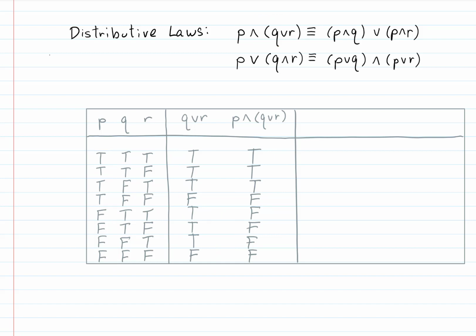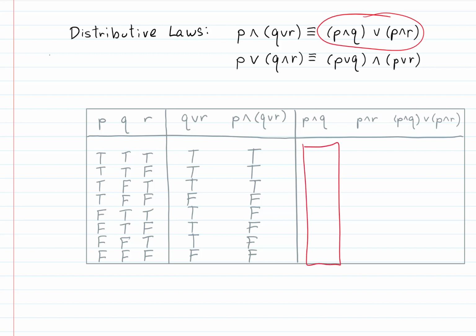Okay, now let's make a truth table for this statement form. So I'm going to need a column for P and Q, and a column for P and R, and then I can put those together in a disjunction. Okay.